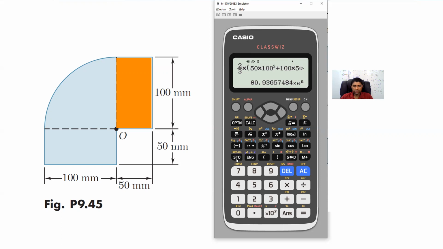I'm going to store this answer. For the two rectangles, we know we have to follow the composite method. For rectangles we know the centroid. For the quarter circle, we have to find the centroid.